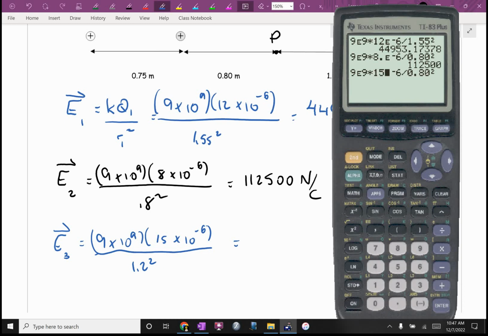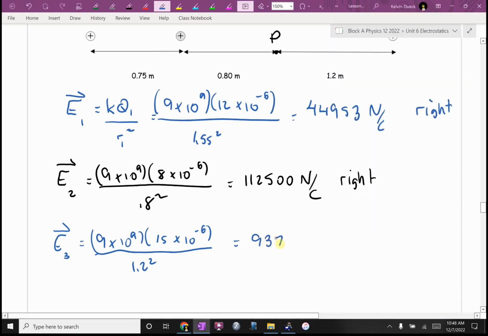So 15 times 10, and then 1.20 squared. 93,750 newtons per coulomb. Direction. Which way would a positive at location P feel a force because of charge 3?